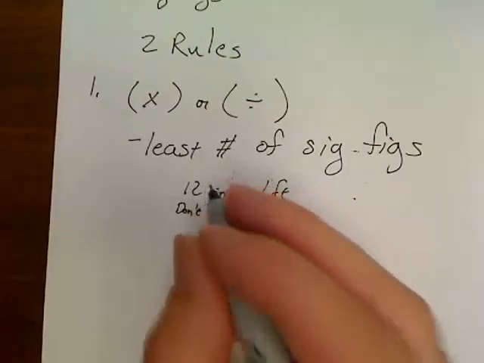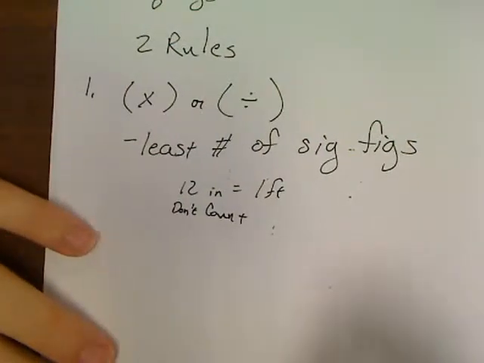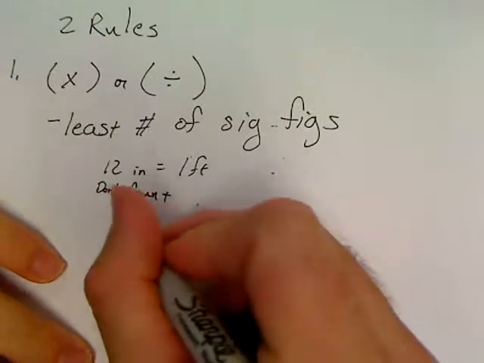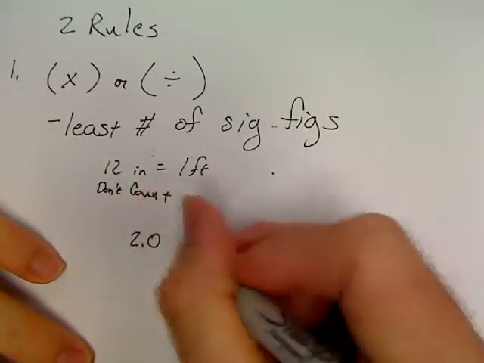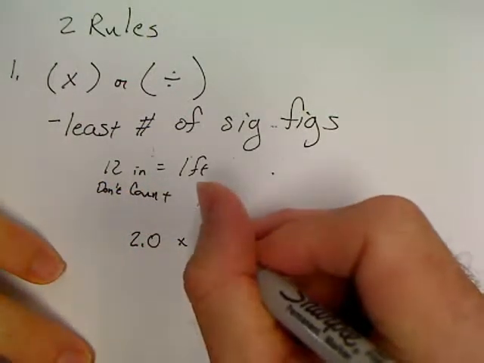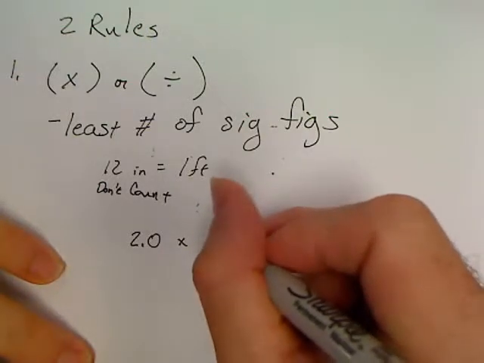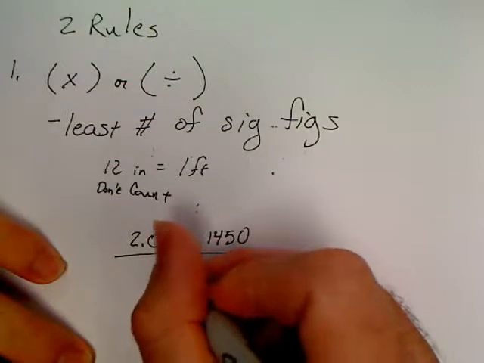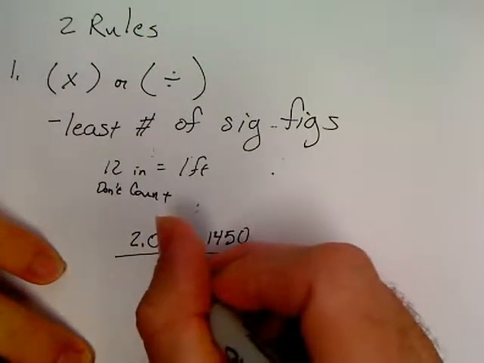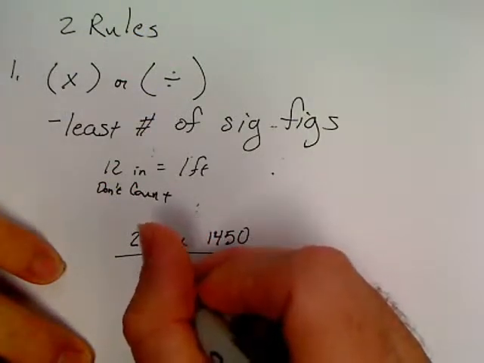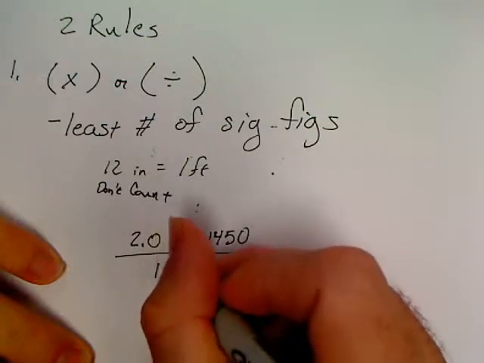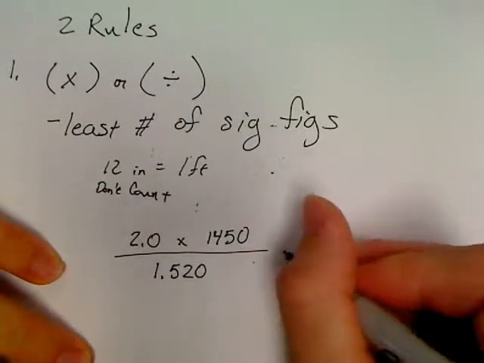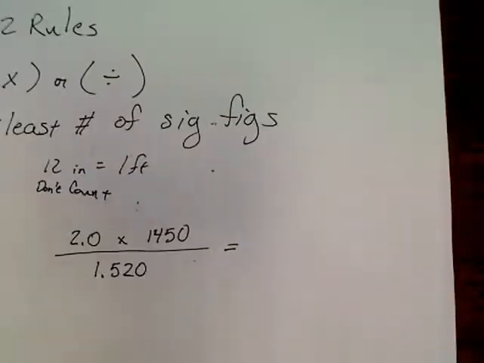Alright, so let's say that you had 2.0 times 1,450 divided by 1.520.